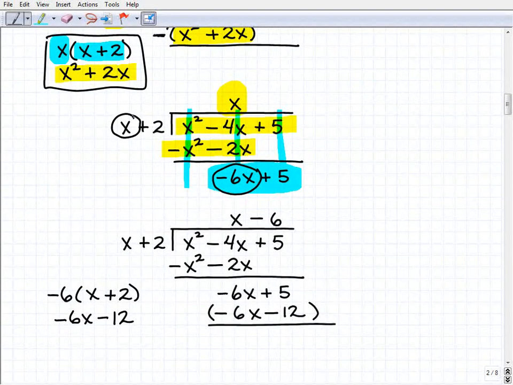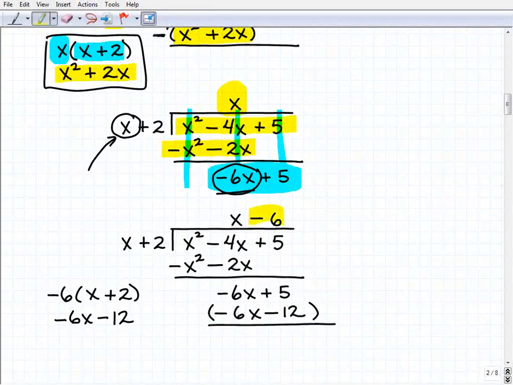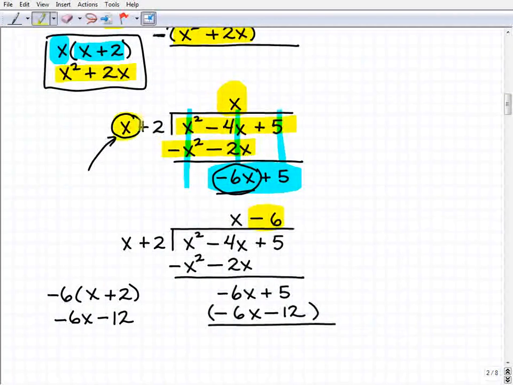We have to ask ourselves, what do I need to multiply this x here to get to negative 6x? The answer is clearly a negative 6. Negative 6 times x is negative 6x, right? This is the negative 6x that we're trying to get to.